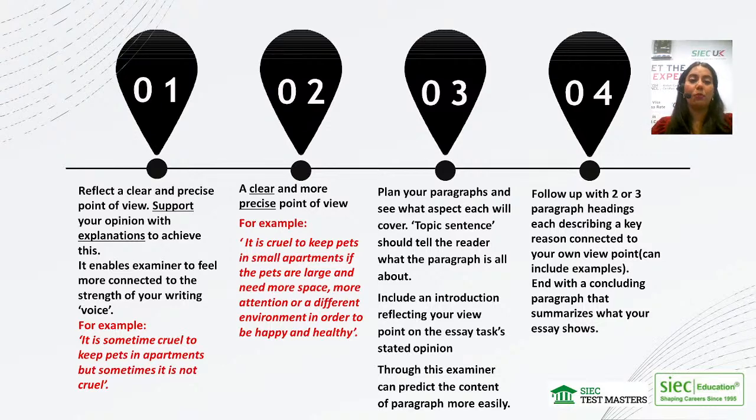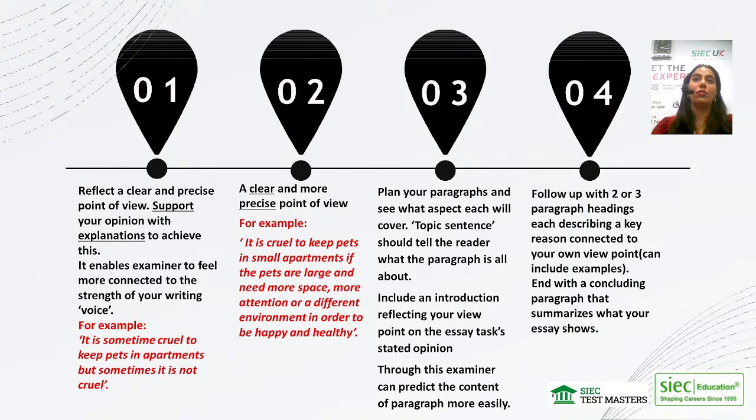Now let's come to the second point and let's see how it becomes more precise. Now let's see this. It is cruel to keep pets in small apartments if, now see, the use of if is connecting my writing. It is only under the condition that the pets are large and they require more space, more attention maybe, or maybe a different set of environment. And if it is not met, in order to be happy and healthy, then only it becomes cruel.